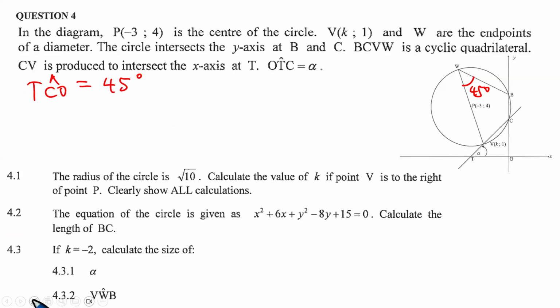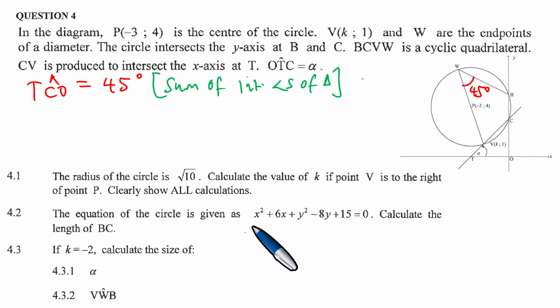Why is it 45 degrees? It is 45 degrees because of the sum of interior angles of a triangle. So in the end, this one is exactly 45 degrees.